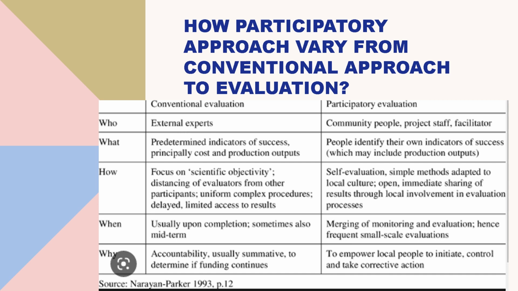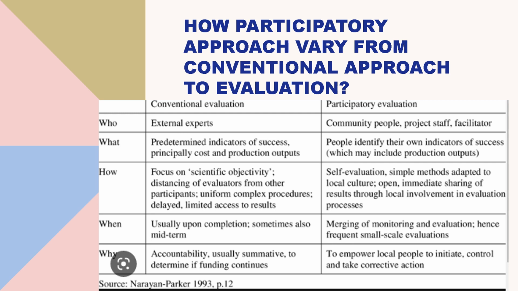However, in participatory evaluation, we are not setting which one really is to be evaluated, but the participants identify their own indicators of success, which may include production outputs. So how will participatory evaluation be done?